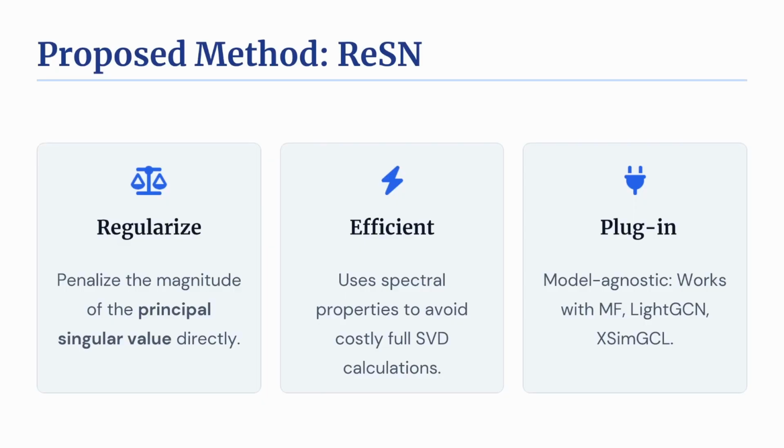Okay, based on this finding, the author proposed ReSN, regulation with spectral norm. This is a plugin method. The principle is intuitive: since popularity is hiding in the principal singular value, we simply add a regulator to the loss function that specifically penalizes the magnitude of the principal singular value.